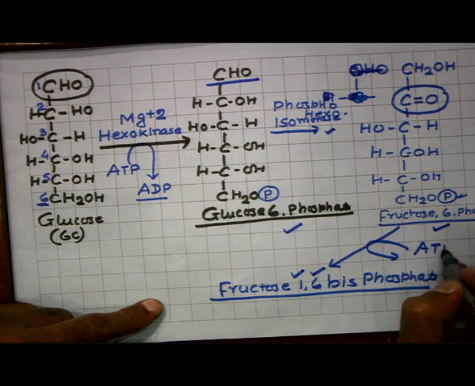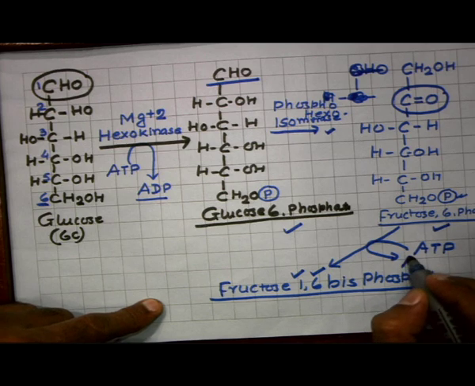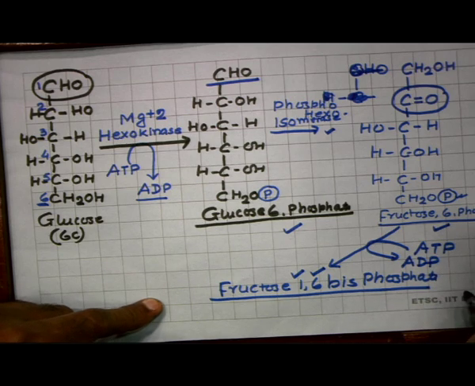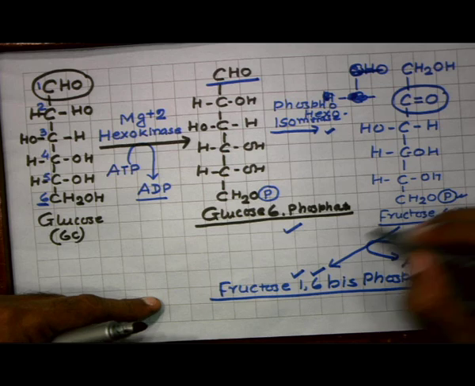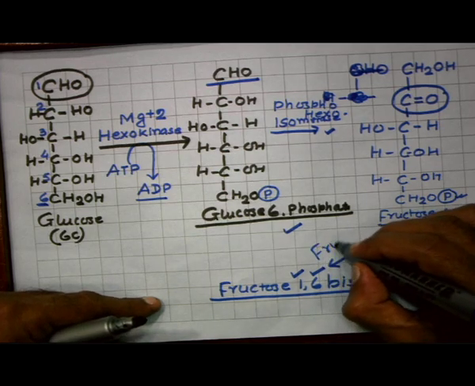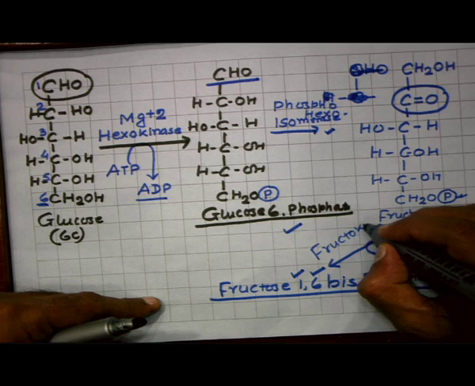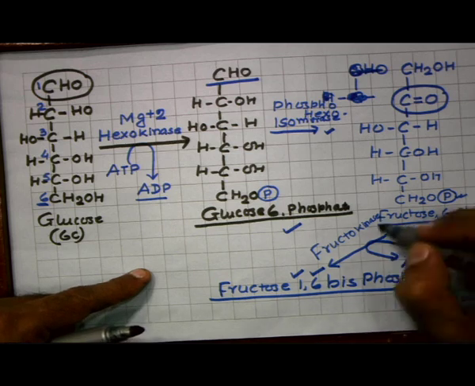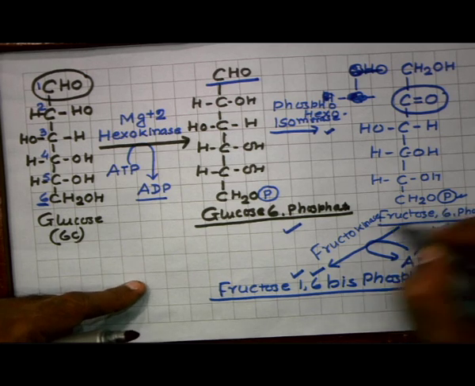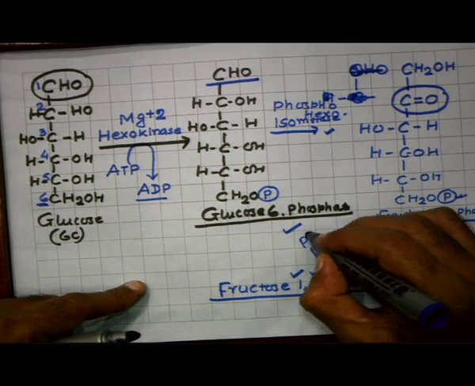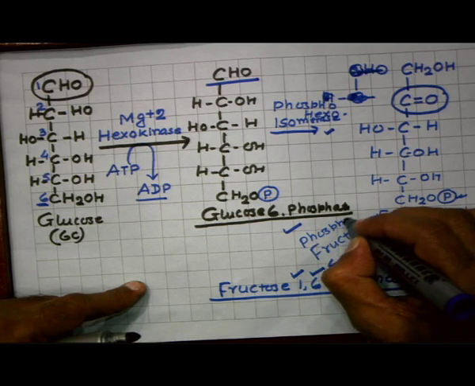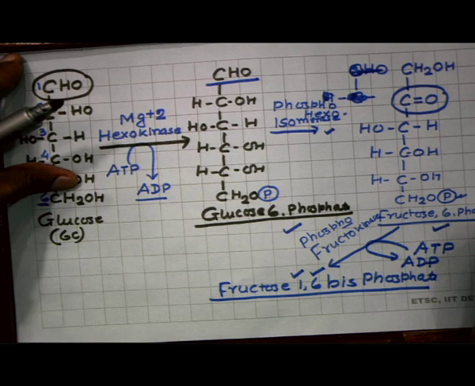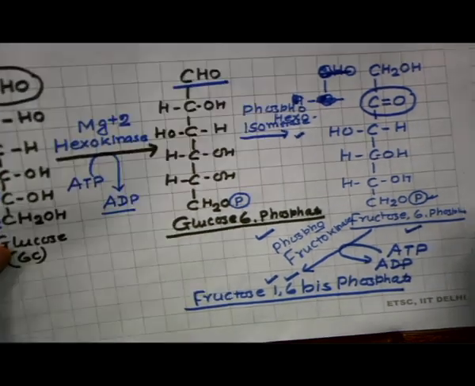Here one ATP is also consumed and ATP is converted into ADP. Here the enzyme is fructokinase. We can call it phosphofructokinase, because a phosphate group is already present at the 6 carbon atom of the fructose molecule.